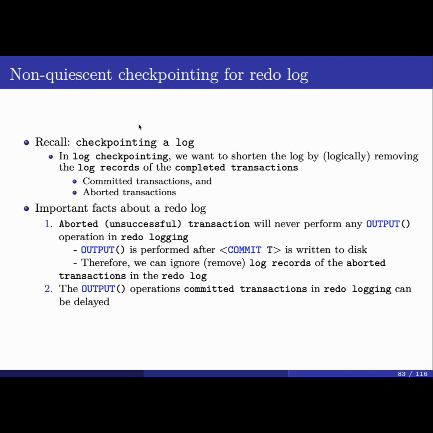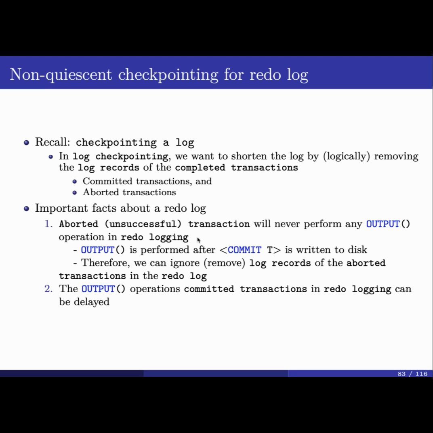Okay? So how can you do that? Just to remind you, for the abort, this means the transaction is completed unsuccessfully. And if the transaction is completed unsuccessfully, that means this transaction never performed any output operation in redo logging.